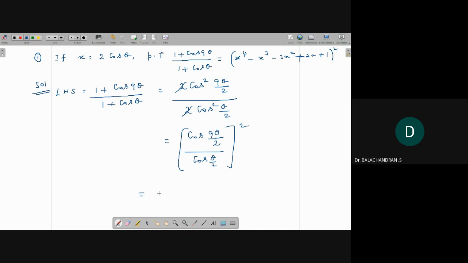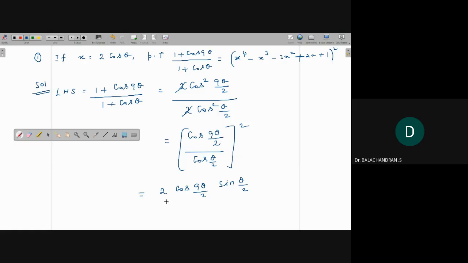Here I am going to multiply by 2 and multiply by sin theta by 2, and divide similarly by 2 cos theta by 2 into sin theta by 2.